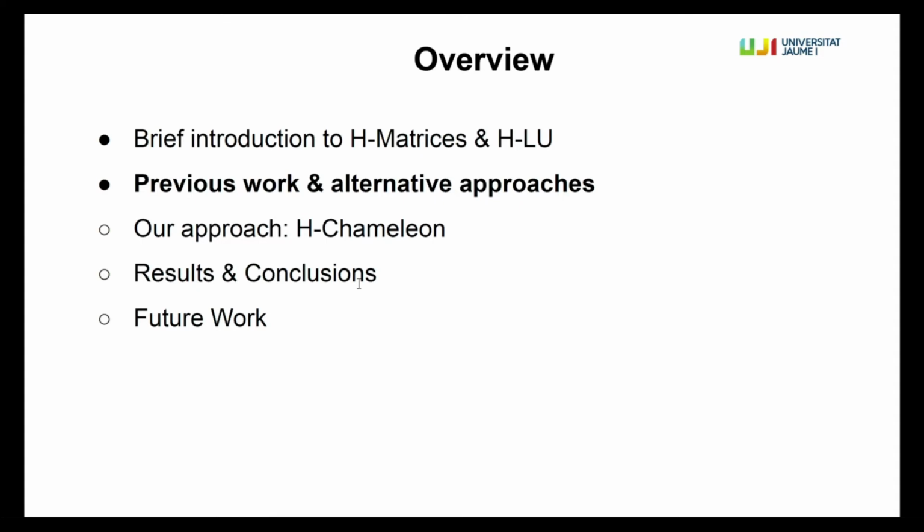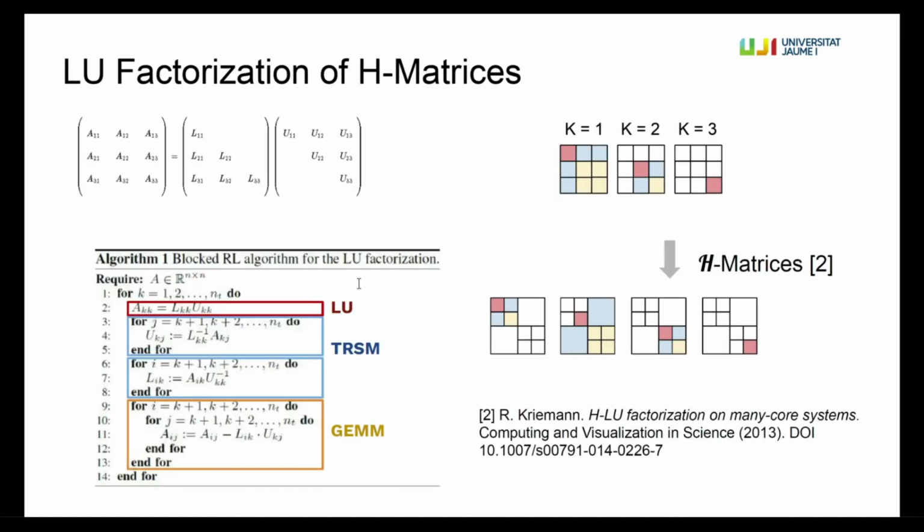What has been done previously regarding H matrices, and which are the alternative approaches? First of all, let's remember that the LU factorization of a matrix consists of decomposing it into the product of two matrices, one lower triangular and one upper triangular, whose product will give back the original matrix. In this slide, it can be seen the classical block right-looking algorithm for the LU factorization.